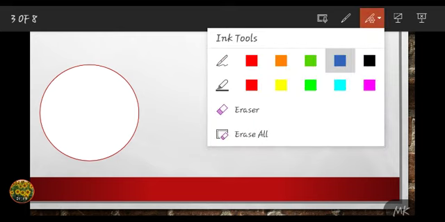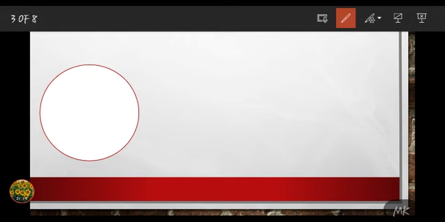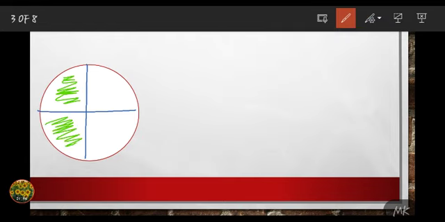Let's have another example. Here I have a circle, and if I divide it into four equal parts, and if I shade three parts of it, so can I represent these three shaded parts as 3 upon 4, which means we are talking about three parts out of four equal parts which are shaded?